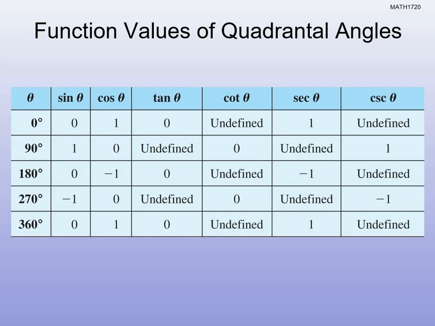Hey, the best way to know when we're undefined is if you know that tangent's a ratio of the vertical over the horizontal. Tangent is really opposite over adjacent, right? Or it's really sine over cosine. So look, anytime cosine is 0, tangent's undefined.